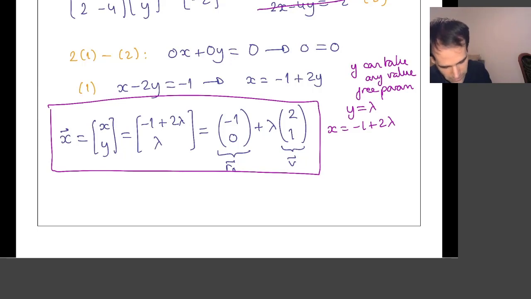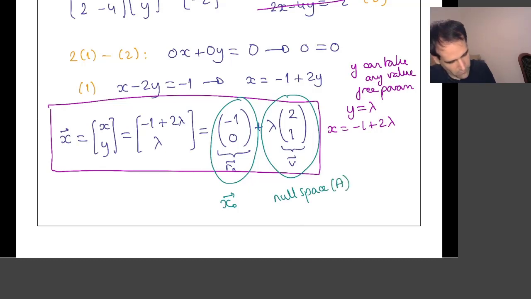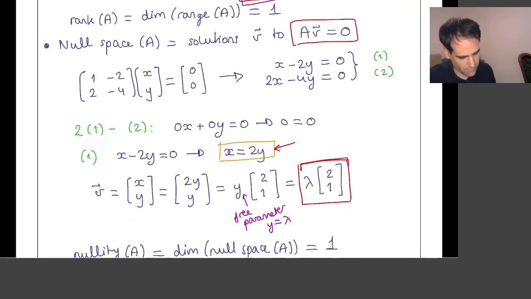And now notice the following. This is a particular solution, what I called x0 when I was explaining the theory, and this is nothing more and nothing less than the null space of A. So remember, the null space was this line, lambda times (2, 1).